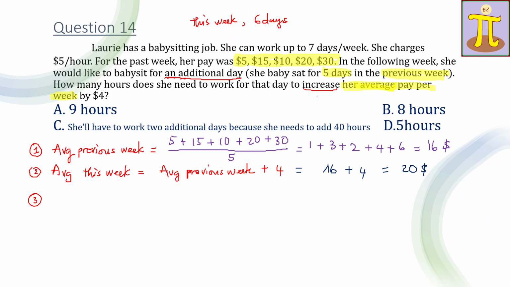So to find the average of this week, she will have the total earning over 6. That will be equal to $20.